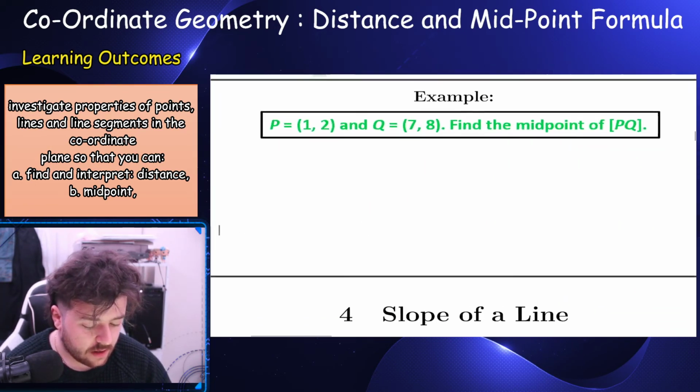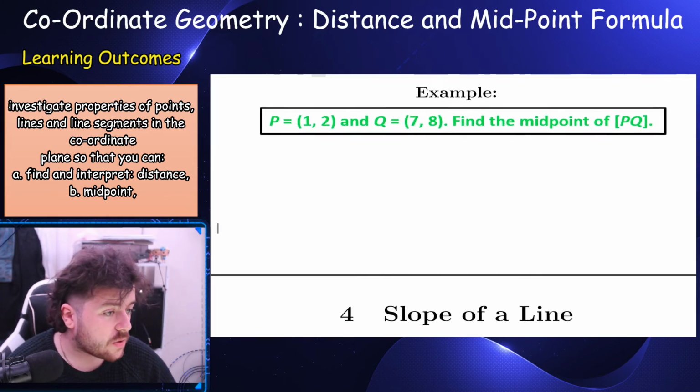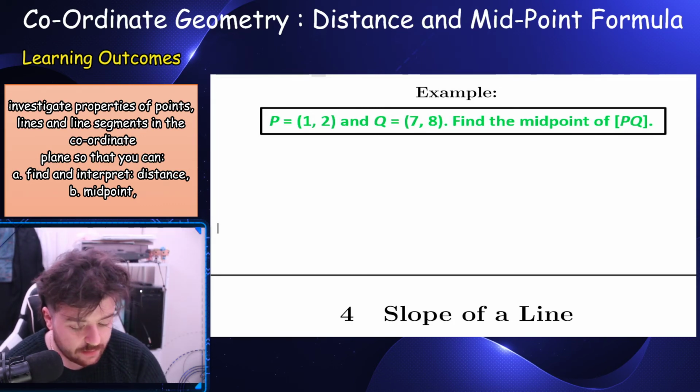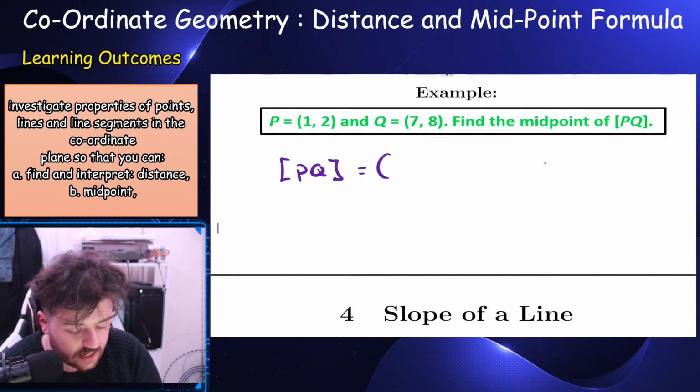For example, P equals (1, 2), Q equals (7, 8). Find the midpoint of PQ. So what is the point that splits these up? Label my points x1, y1, x2, y2.